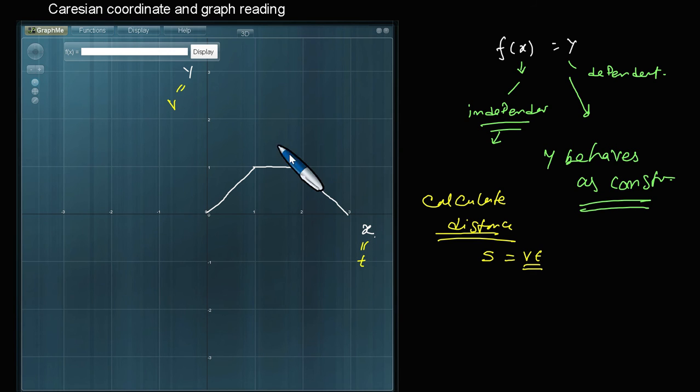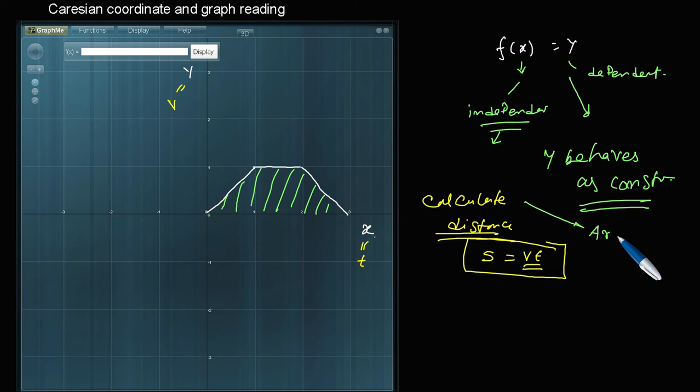Look, when you are thinking about this type of thing, s equals vt, then the distance will be the area between this. This is the area. This area will tell you the distance. So in a graph, it is very important to calculate the area under the curve.